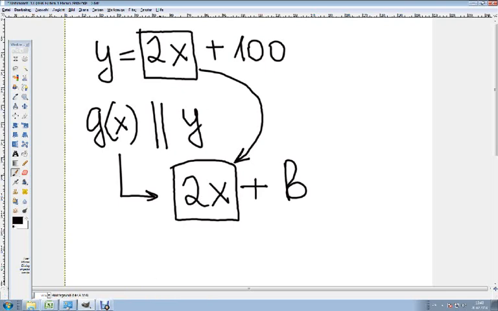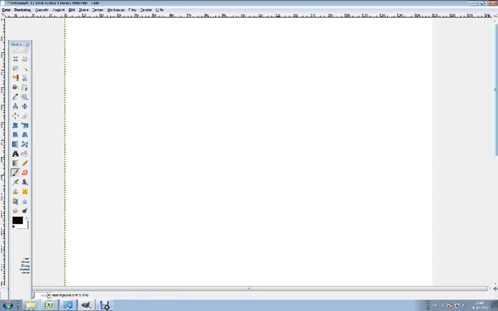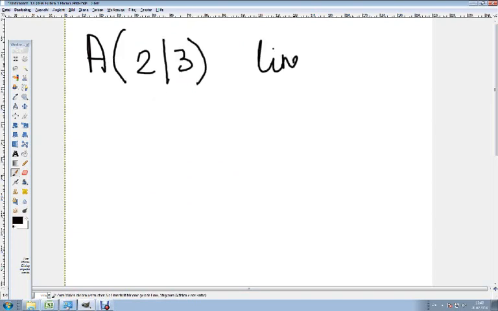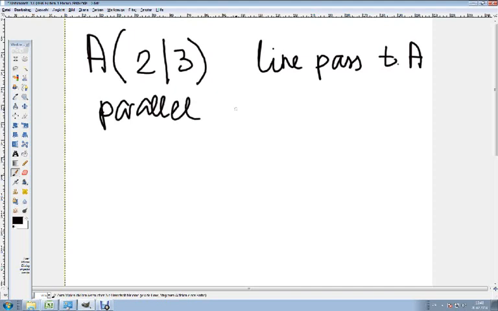Now, following examples 1, 2, 3. Example number 1. My line passes through the point A with 2 and 3, and also my line is parallel to another line, g of x equals 2x minus 12.